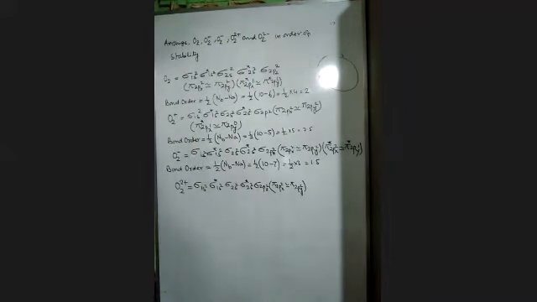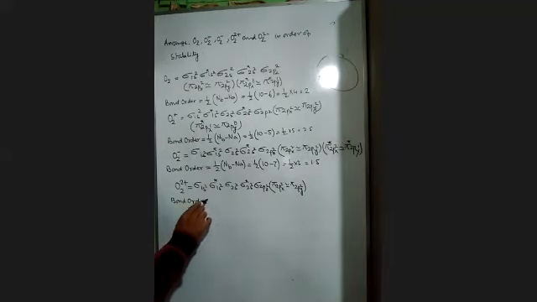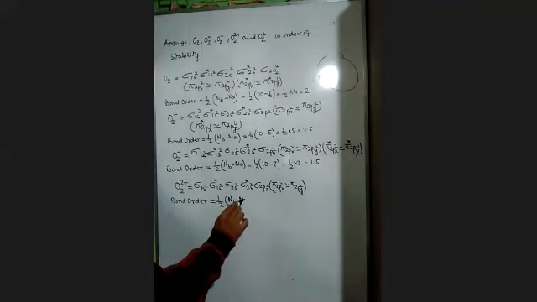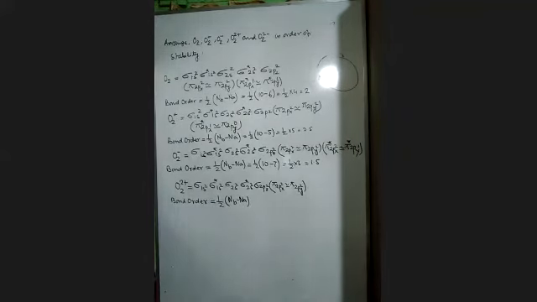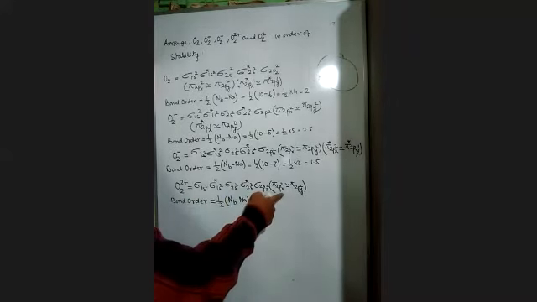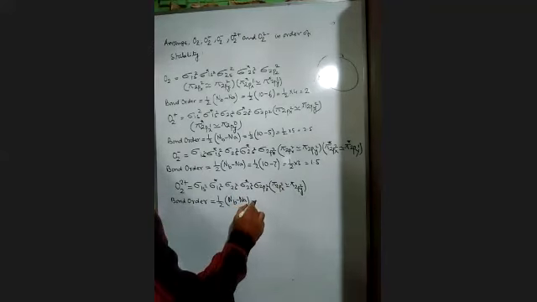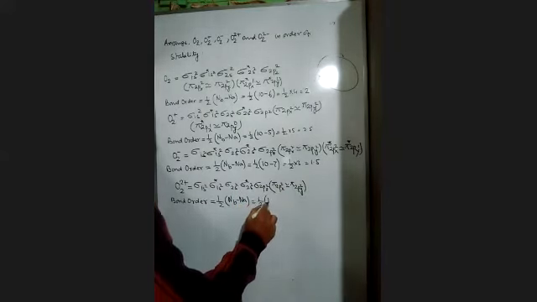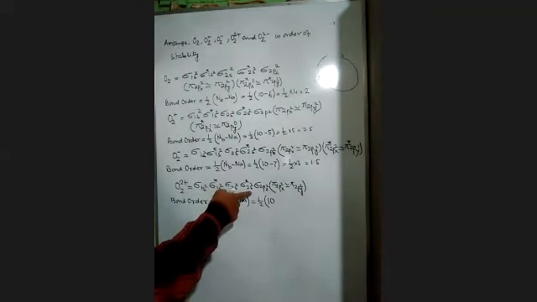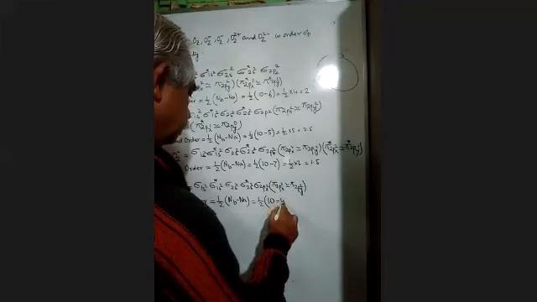So nothing is there. Okay, see here. How many bonding electrons are there? 2, 4, 6, 8, 10. 10. Then anti-bonding 2, 4.